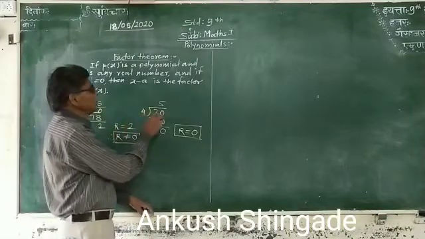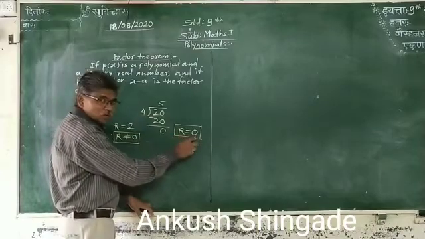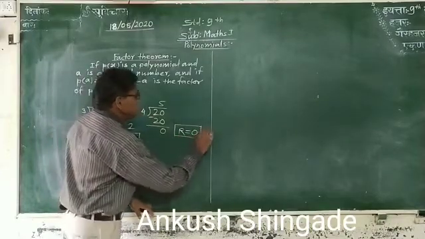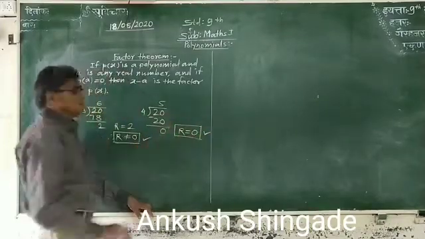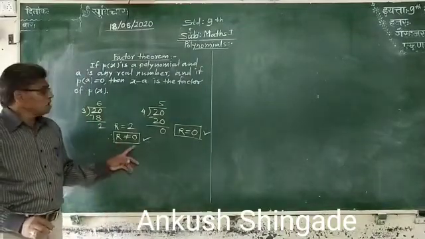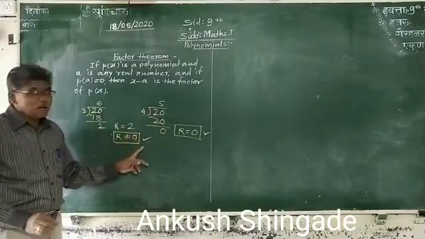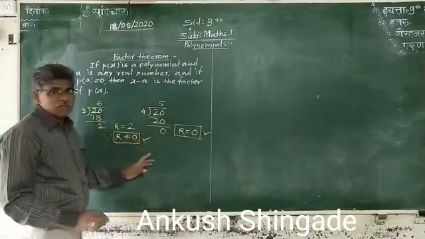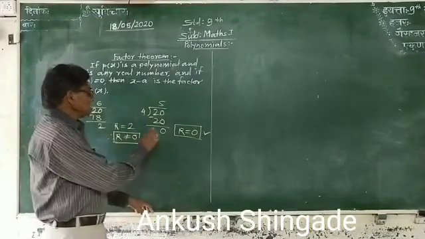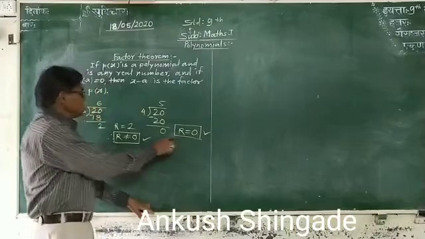And if we divide 20 by 4, then we get remainder 0. Means the remainder is of two types. One is non-zero and the other is 0.